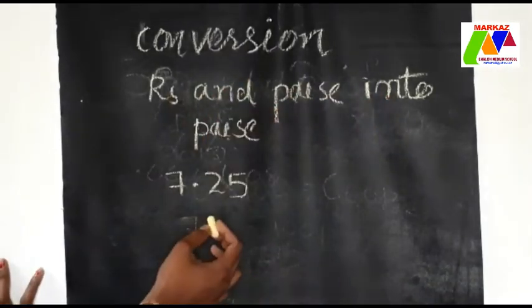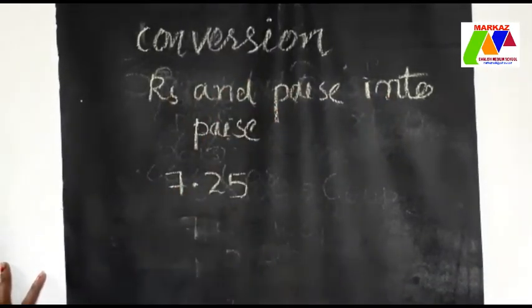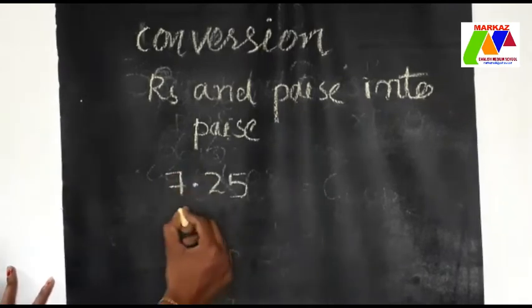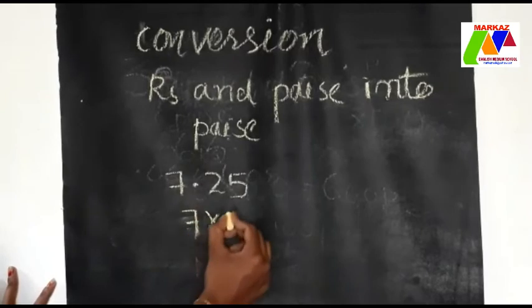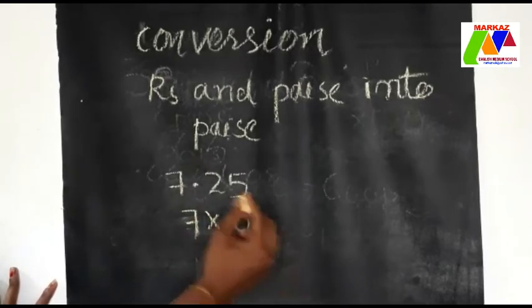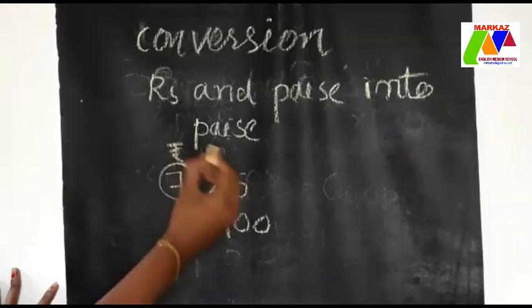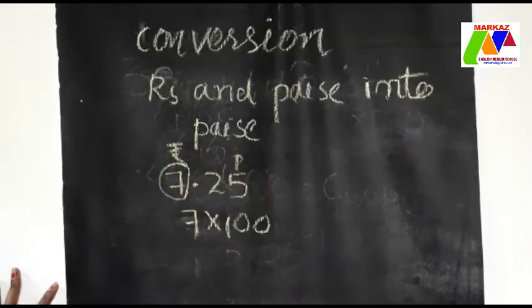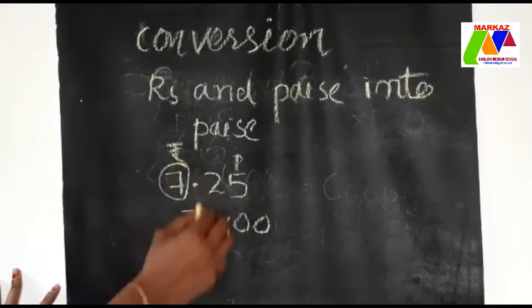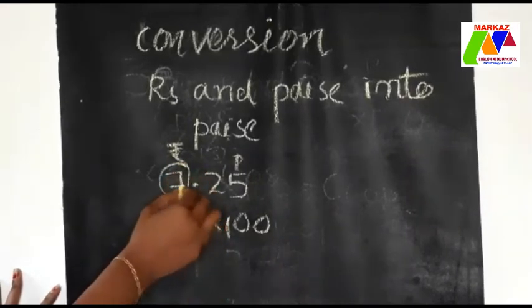So we already said it, to convert rupees into paise, what we have to do? We have to multiply it by 100. So here 7 is the rupees. This is the symbol of rupees. And 25 is the paise. Now what we have to do? We have to convert first this rupees into paise.